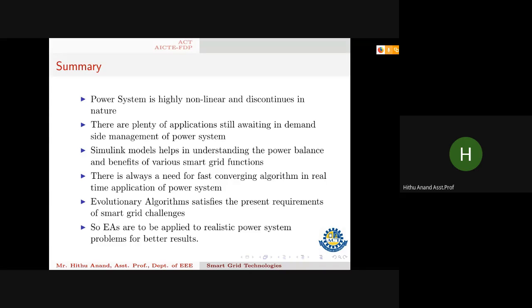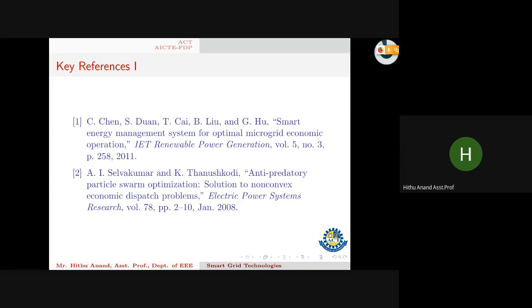Evolutionary algorithm satisfies present requirements of smart grid challenges, but we have to experiment more evolutionary algorithms in realistic power systems to get almost the desired results. So these are all some of the references.